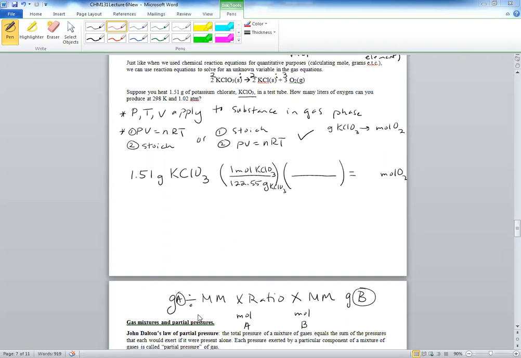We are given the grams of A, and we need to go to the moles of B. So we're dividing by the molar mass of A, and then multiplying by the ratio.